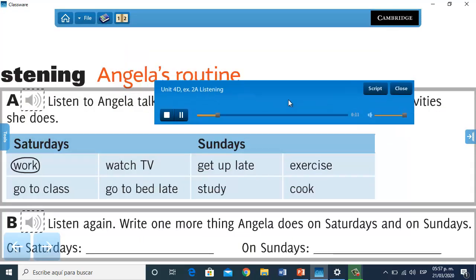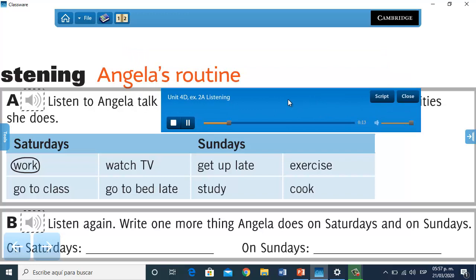So, Angela, do you work on the weekend? Yes, I work on Saturdays. Really? In the afternoon or evening? I go to work at 6 p.m. Do you take the bus to work? No, I take the subway. And after work? Oh, after work, I watch TV at home. Do you go to class on the weekend too? I have classes from Monday to Friday, but not on the weekends.